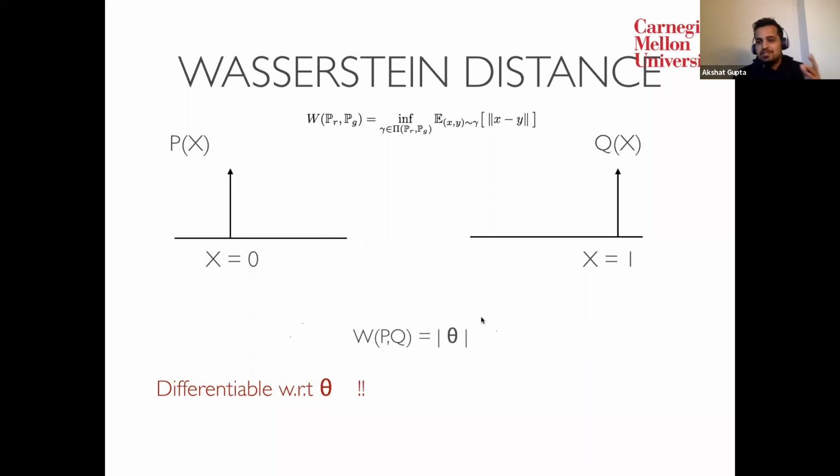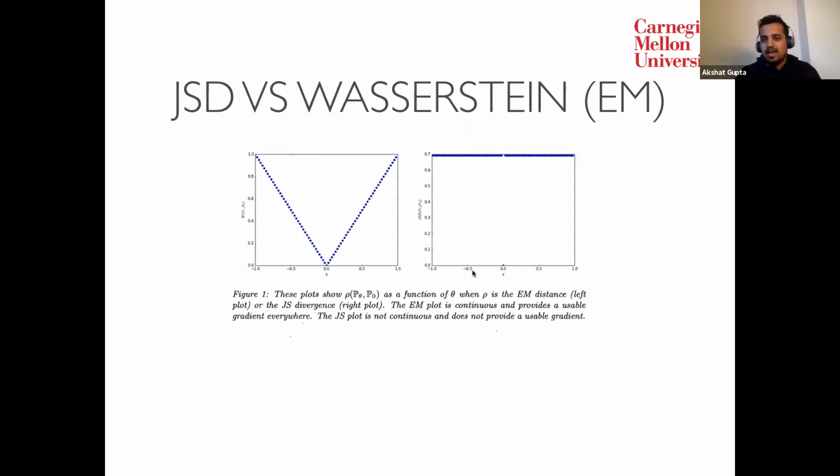And it's differentiable with respect to theta. The further apart they are, the larger the distance is. The closer they are, the lesser that is. And that in some sense gives us information as to how good or bad we're doing in bringing the two distributions closer together. And that's exactly the intuition behind why one distance measure might be better than the other.